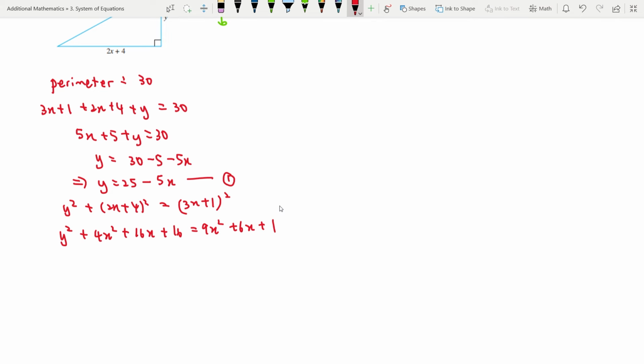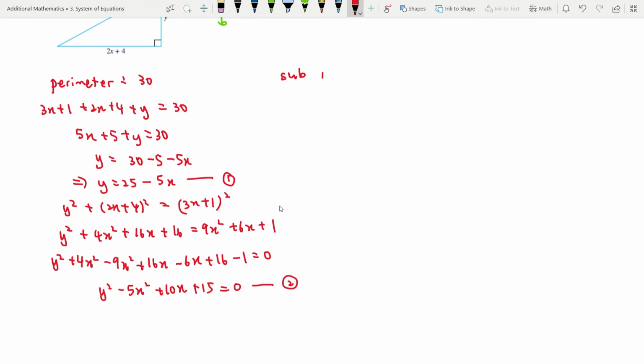First, we bring all the terms to the left side. y squared plus 4x squared minus 9x squared plus 16x minus 6x plus 16 minus 1 is equal to 0. y squared minus 5x squared plus 10x plus 15 is equal to 0. We let it be equation 2.